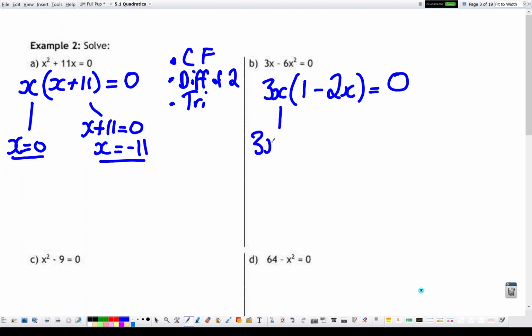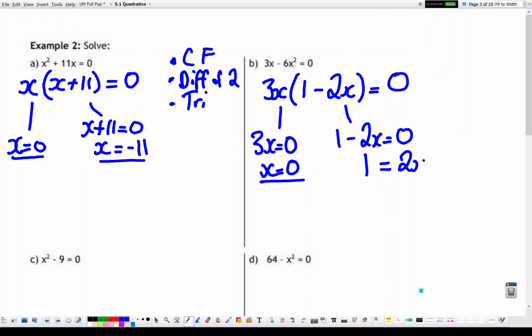So if 3x is equal to 0, we would divide each side by 3. 0 divided by 3 is still 0. And the other one is 1 minus 2x equals 0. So add 2x to both sides, that's going to be 1 equals 2x. Divide by 2, that's going to be 1/2 equals x. Or, if you prefer, x equals 1/2.